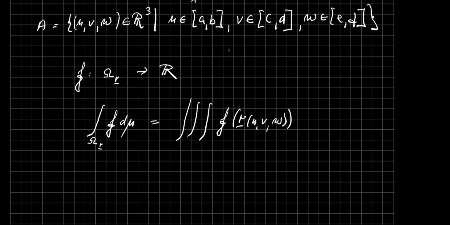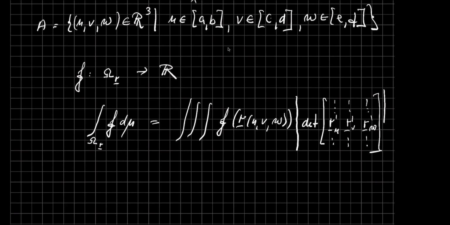So this will be the numerical value of the determinant of r prime u, that's the first column, r prime v, that's the second column, and r prime w, third column. And then I end the numerical sign, and then you integrate with respect to u, v, and w.